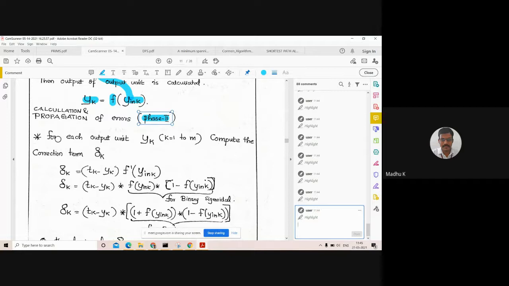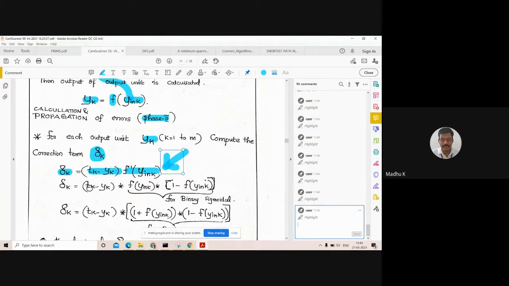For each output unit yk, we compute the error correction term rho k at the output of each output unit. Rho k is equal to (tk minus yk) into f dash of y_ink.